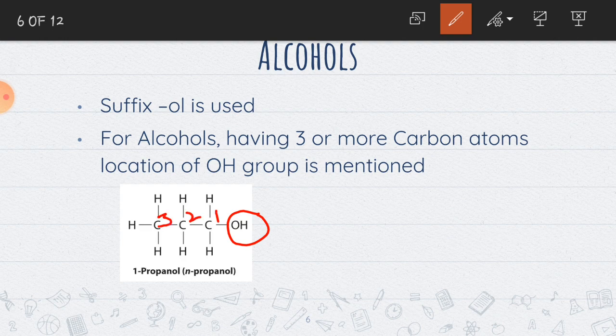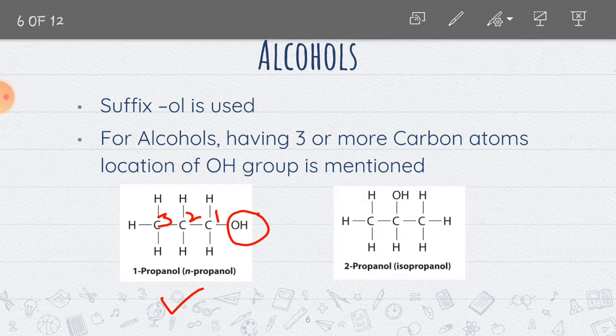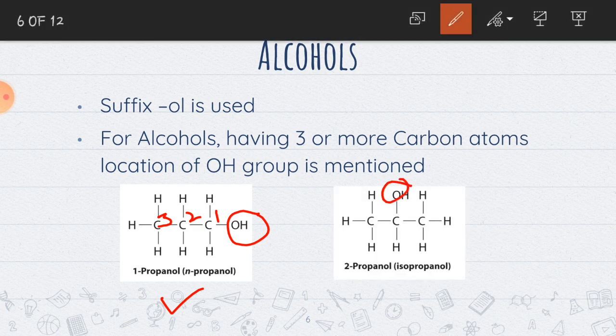Since OH group is attached to the first carbon atom, it will be called 1-propanol or n-propanol. However, if this OH group is present on the second carbon atom, then it would be called 2-propanol or isopropanol.